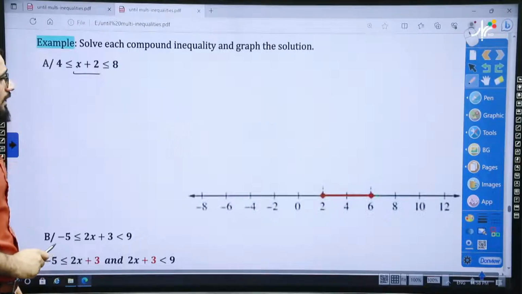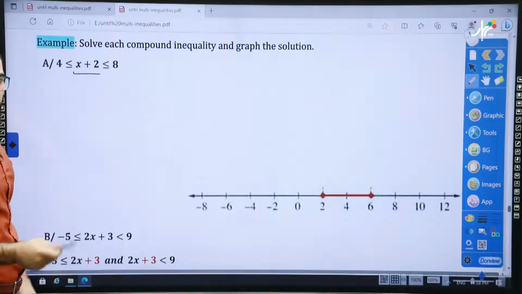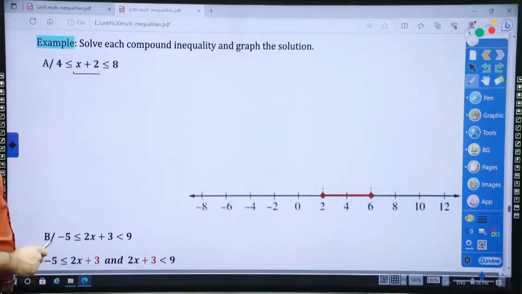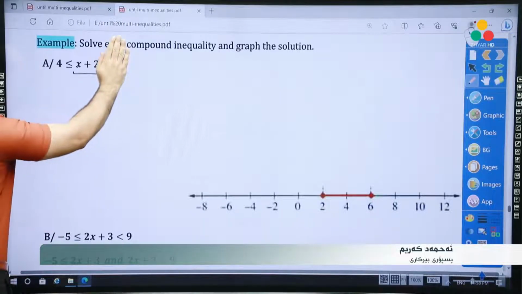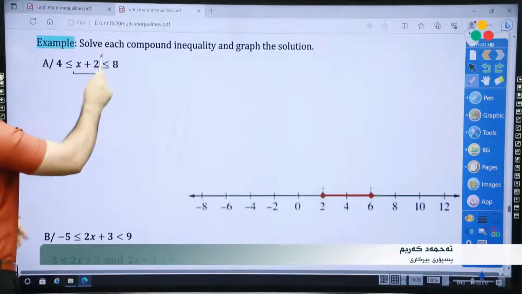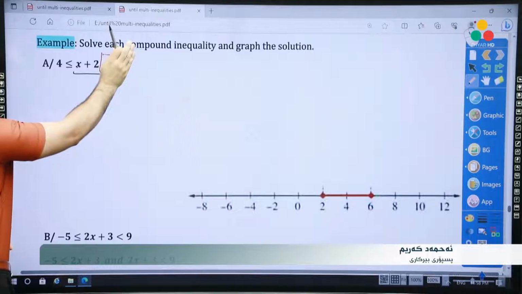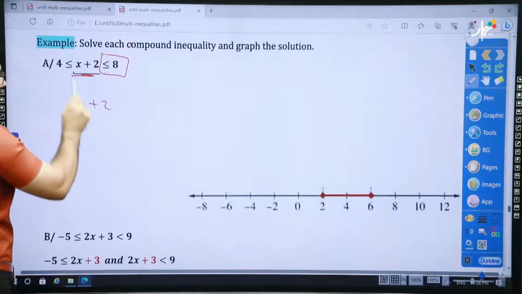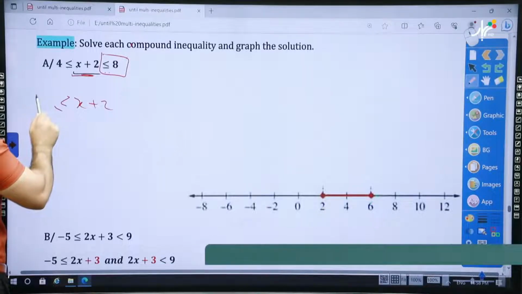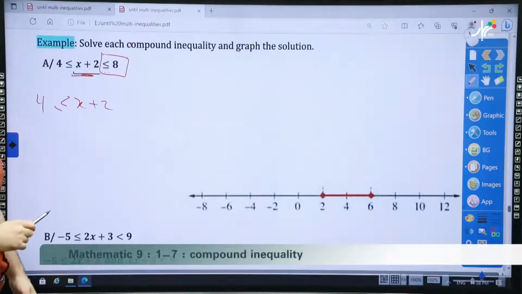How can we solve these kinds of examples? It's quite easy. Just stay with me and focus. First step, put your hand on the right side. If you skip this side, then we have x plus 2 greater than or equal to 4.